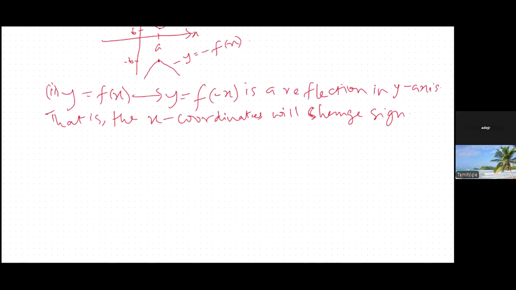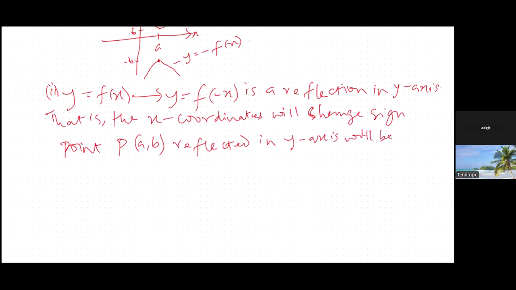Say for instance, point P, a comma b, reflected in y-axis will be P prime, minus a comma b. All right?